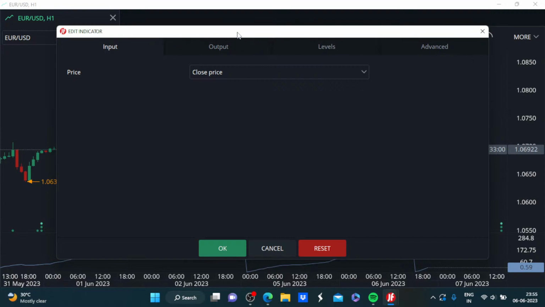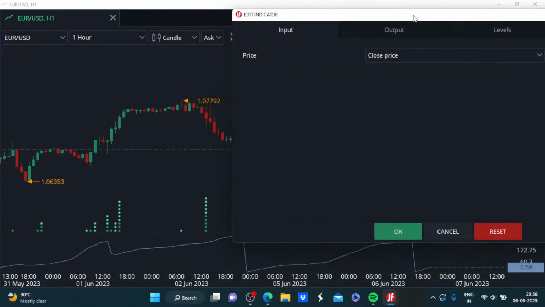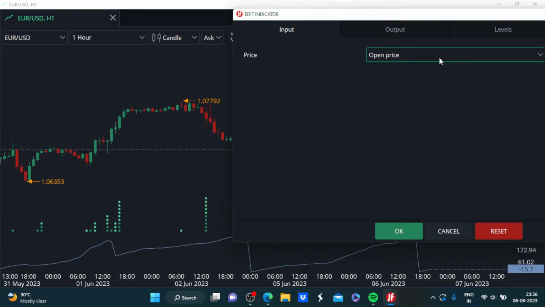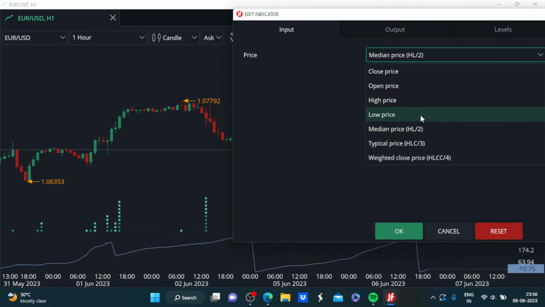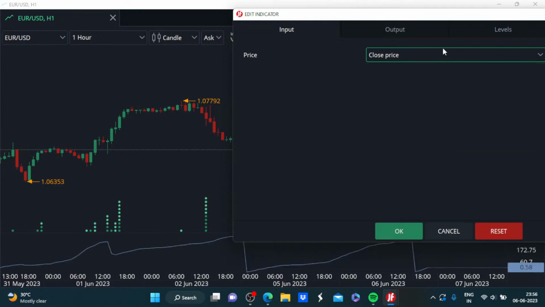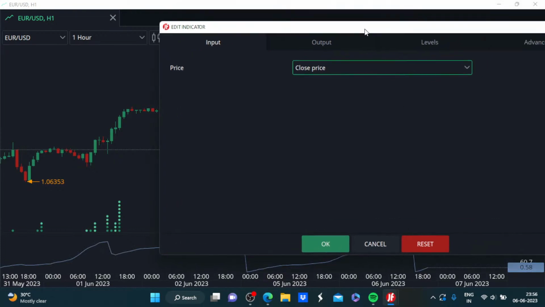All we can do is change the applied price, and depending on the applied price we opt for, we will have slight changes in the plotting of this indicator. We have this possibility.